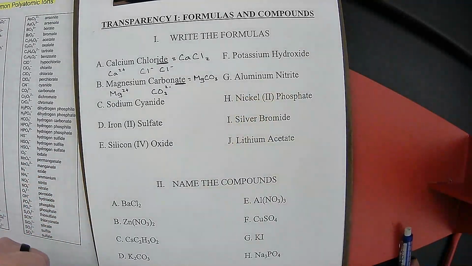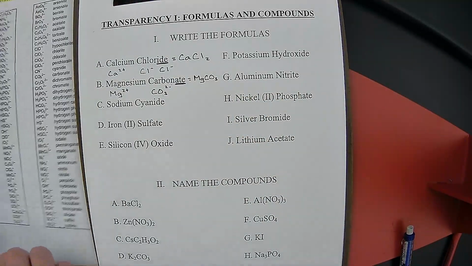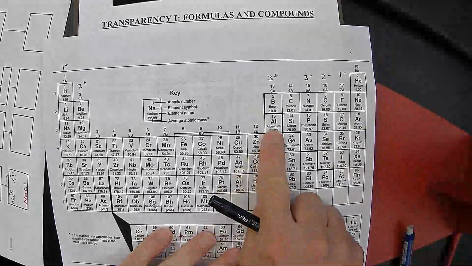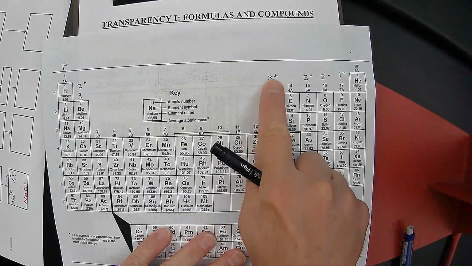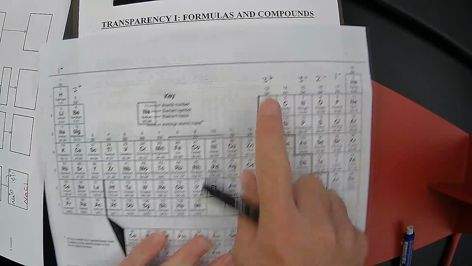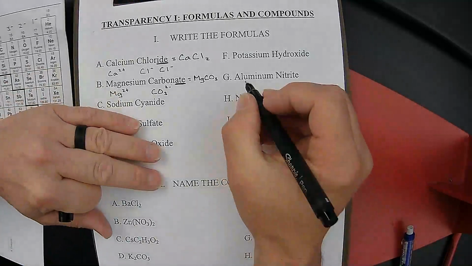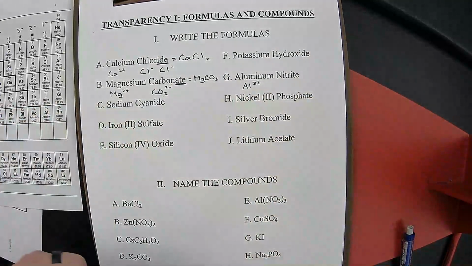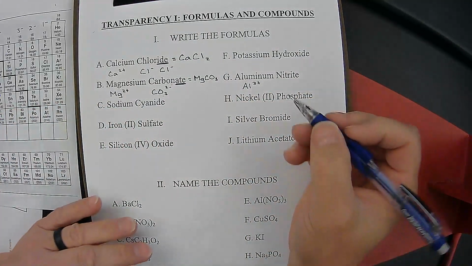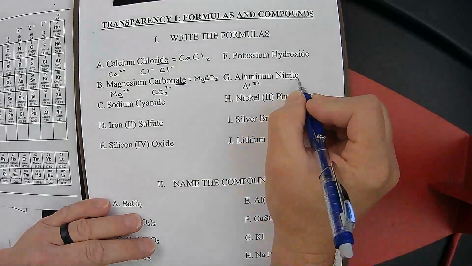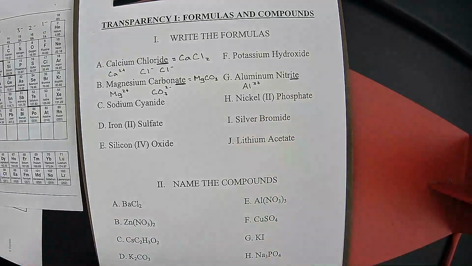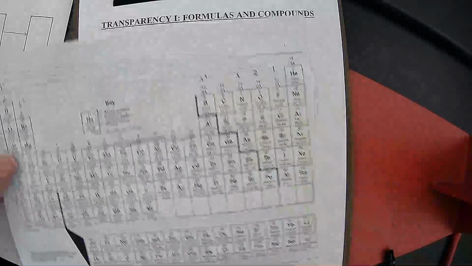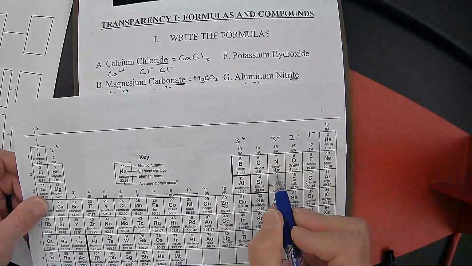Aluminum nitrite. Aluminum is in column 3A. Because it's in column 3A, it forms a 3 plus. It has 3 valence electrons. So we write it as Al 3 plus. When we look at nitrite, what I want you to notice is it ends in ITE. Remember, if it's an element from the periodic table, it would end in IDE.